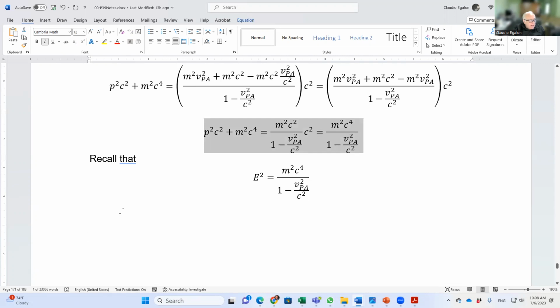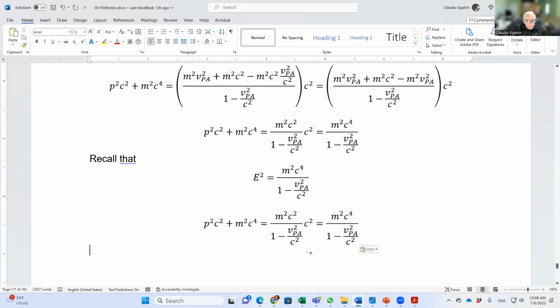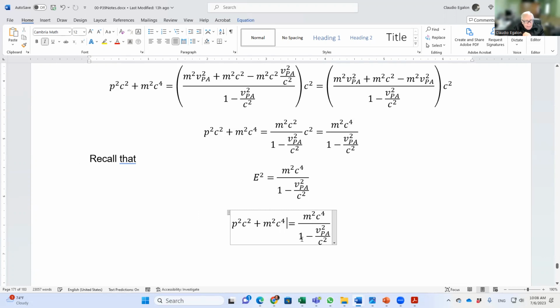And we finally have a different relation that's very useful. The square of the total energy is equal to the square of the rest energy plus the square of the energy associated with motion, because we have the P in there.